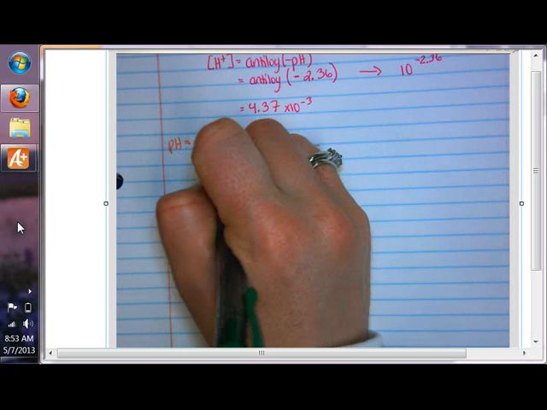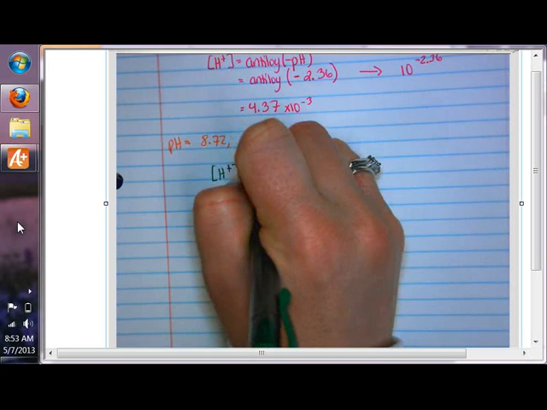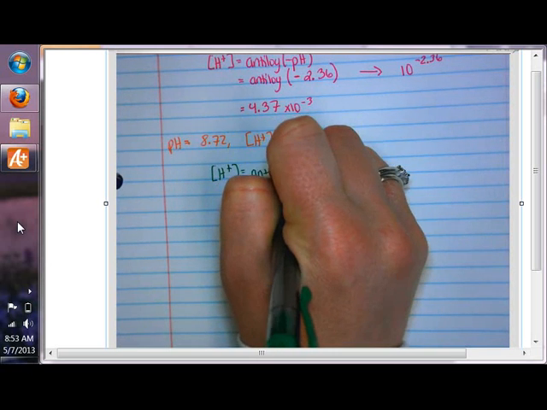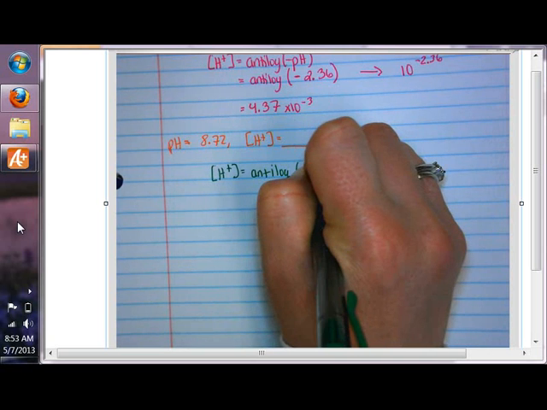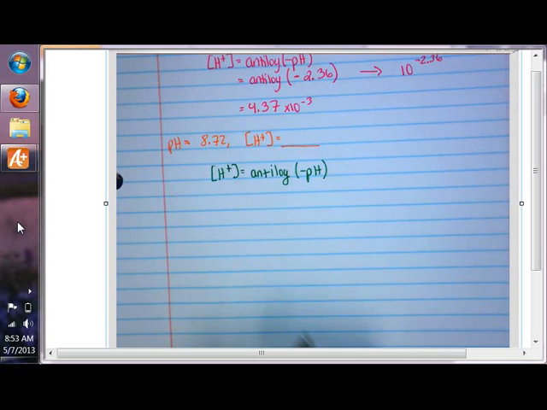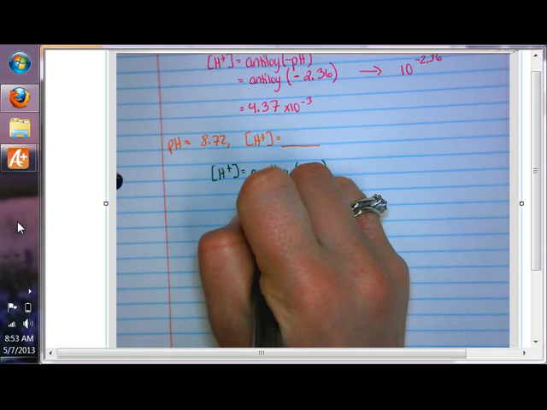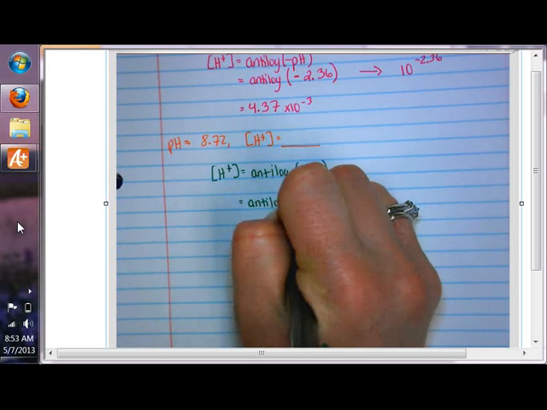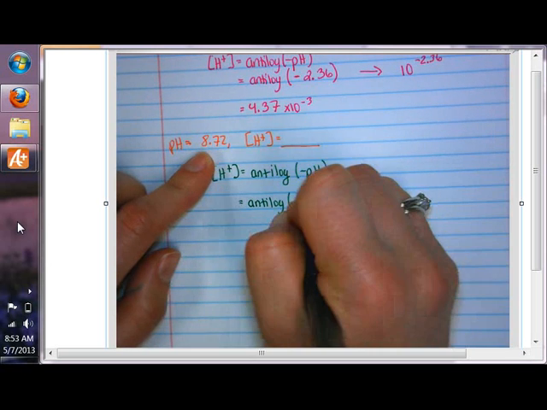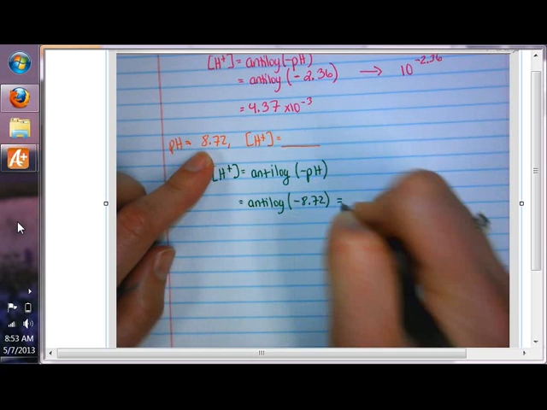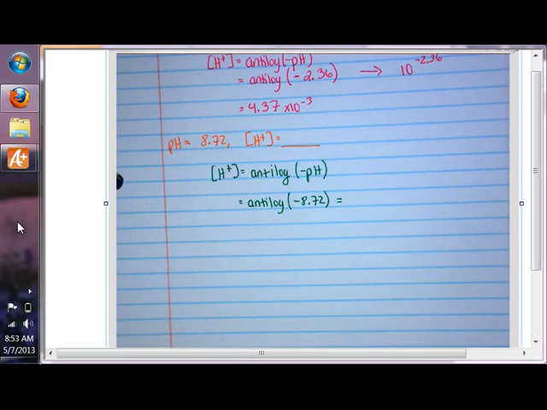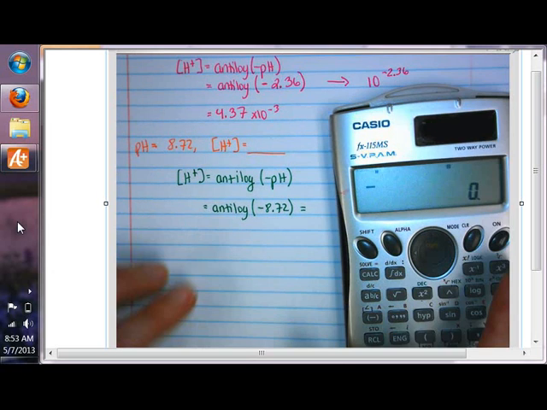So it's the exact same thing. I just have my formula. The concentration of H+ equals the antilog of the negative pH. So I'm just going to take the antilog of my negative pH, negative 8.72, and that will give me my H+.